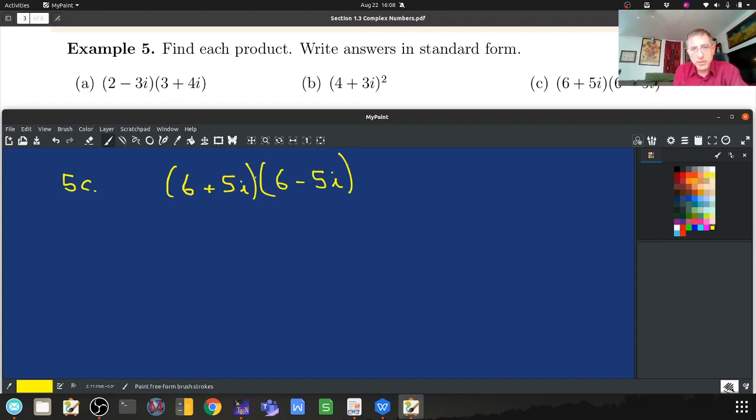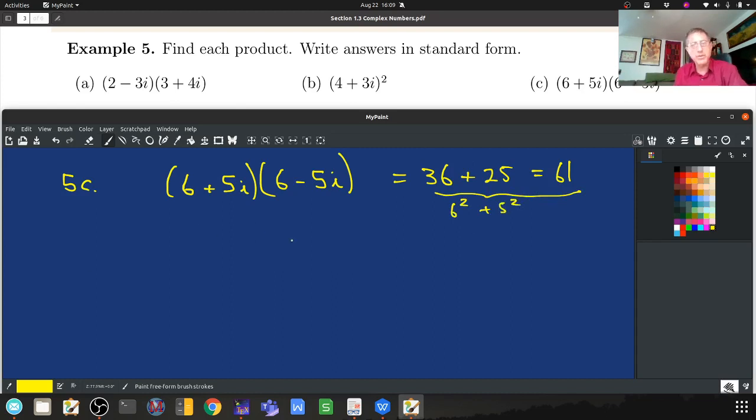Now notice that the real part is the same, and the imaginary part, they just differ in sign. These are called complex conjugates, and if you knew the formula, you can literally write down the answer. It's 36 plus 25. So we're actually going to see that we're going to get that same number, but this is using a formula that I've not given you before, but how nice it was. What is 36? Well, it's 6 squared plus 5 squared is what it is.